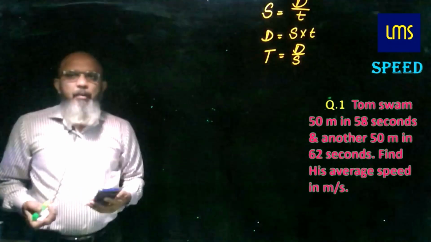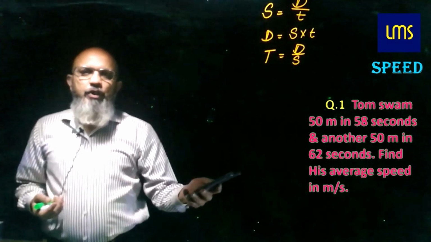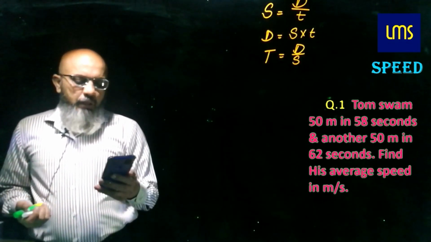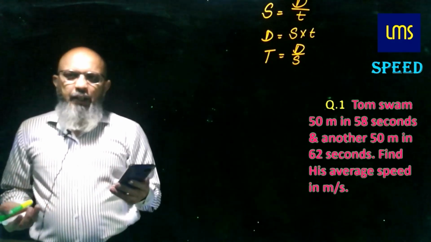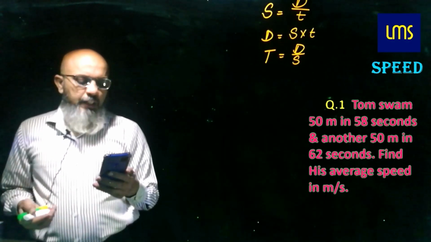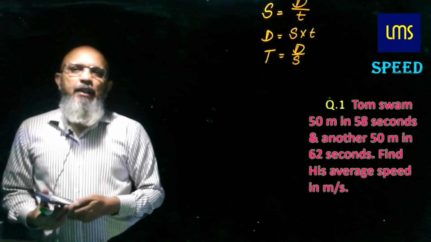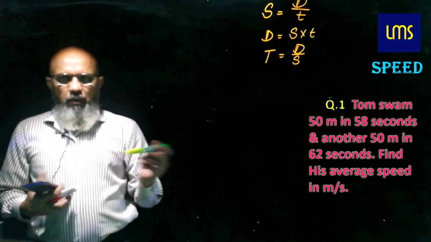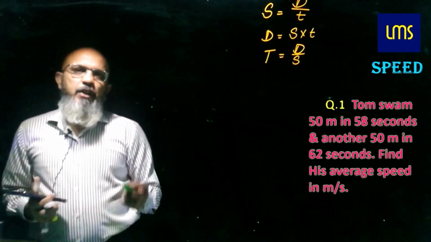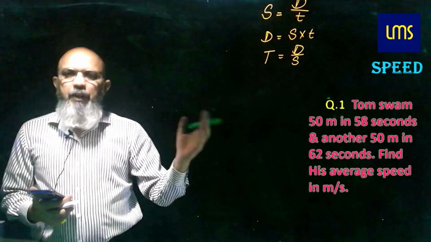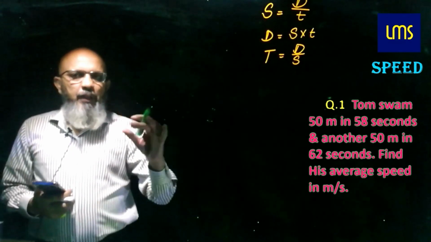So now question number 1 is on your screen. If you read the question, Tom swam 50 meters in 58 seconds. He is doing swimming, and another 50 meters in 62 seconds. So it means he swam the first 50 meters in 58 seconds. So what will be his total distance?